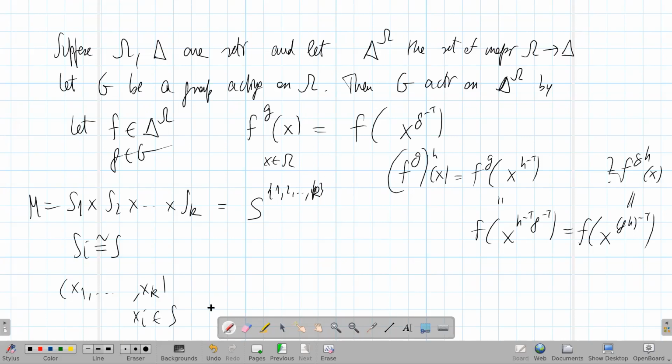So you may think that xi is nothing else than the value of x on i, where x is a function here.